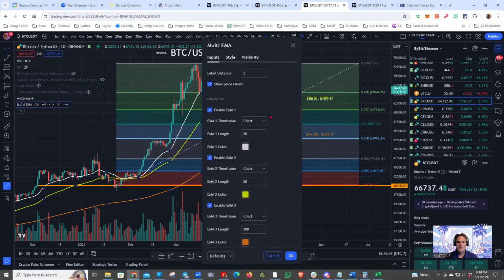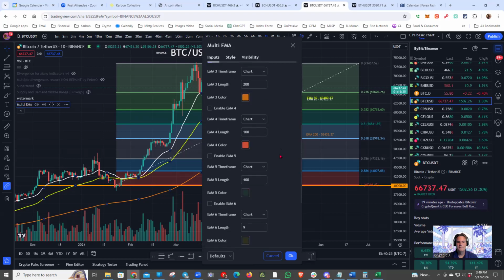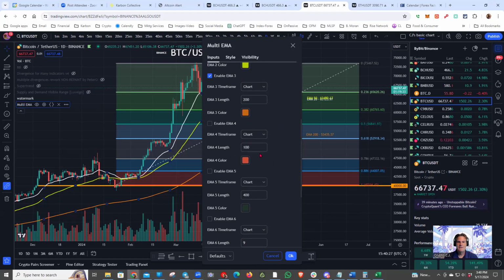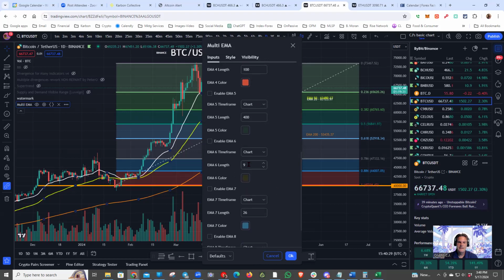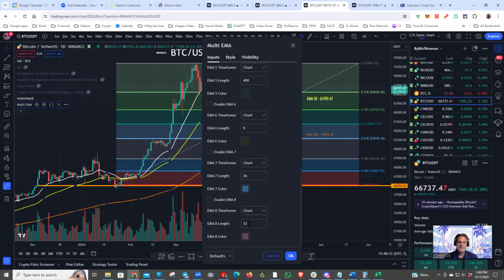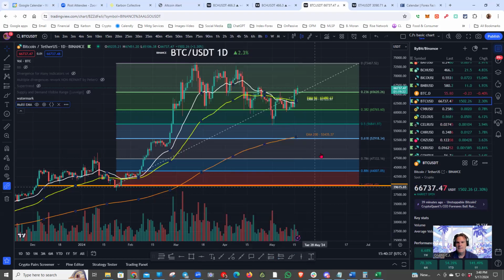But those are the ones that most traders use, 20, 50, and 200. You can put those values here. In this particular indicator, you could add more. They've got some default ones, 100, 400. 9 is pretty common for short-term traders. 26 and 12 I see as well. So I'm not a big EMA guy, but I like to have it on my day chart.